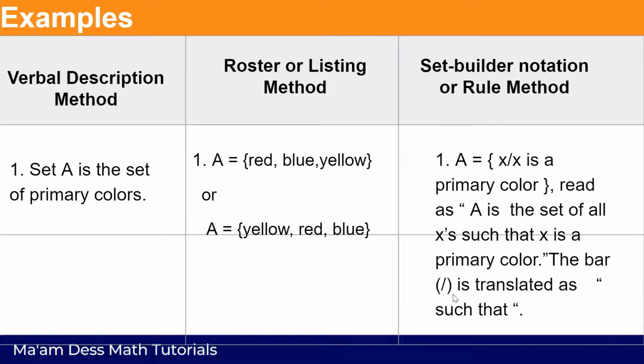Okay, the bar, so yun pong slash dito, the bar is translated as such that. So, paano po ulit natin basahin? A is the set of all x such that x is a primary color. The bar is translated as such that.